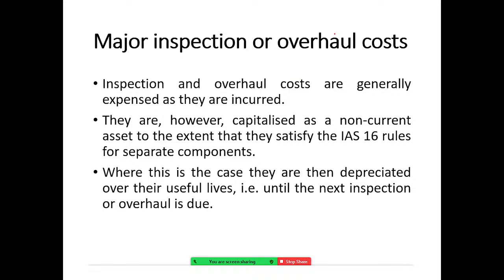However, they can be capitalized as non-current assets to the extent that they satisfy the LKAS 16 rules for separate components. Where this is the case, they are then depreciated over their useful life, that is, until the next inspection or overhaul cost is due.